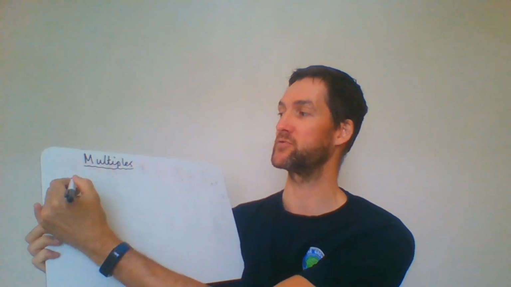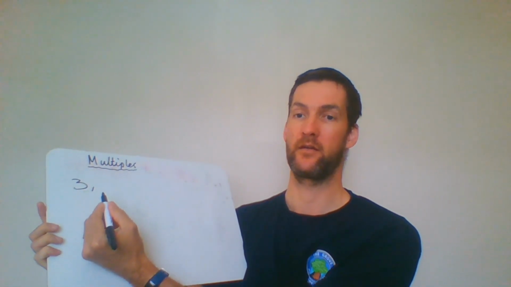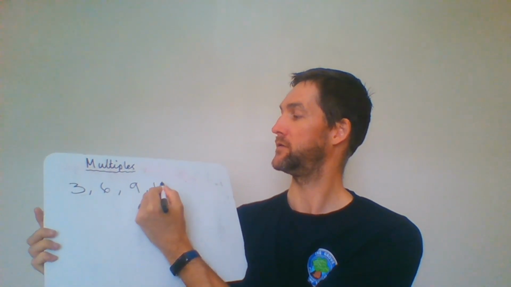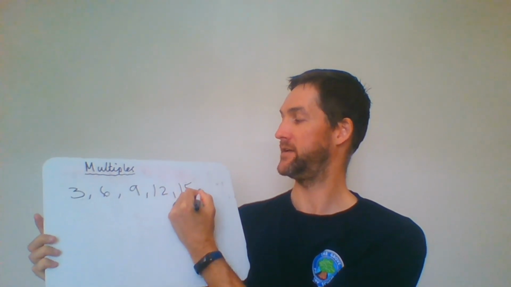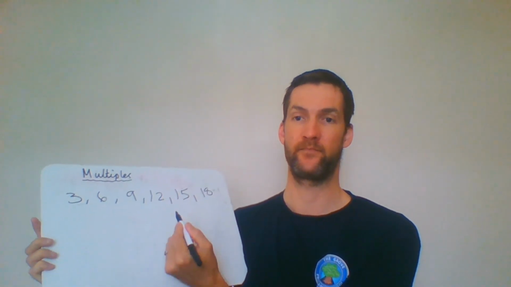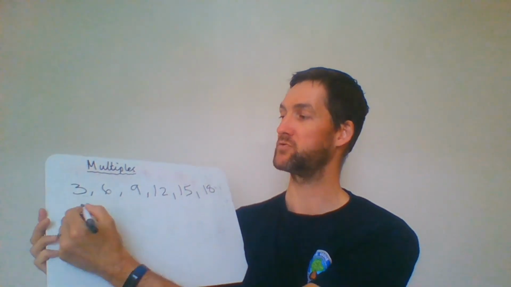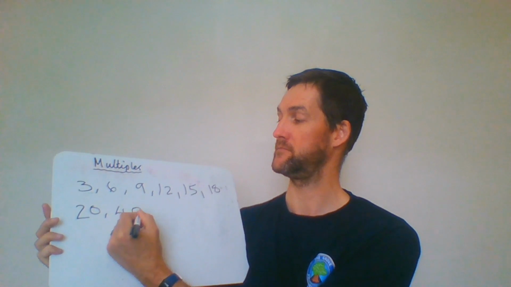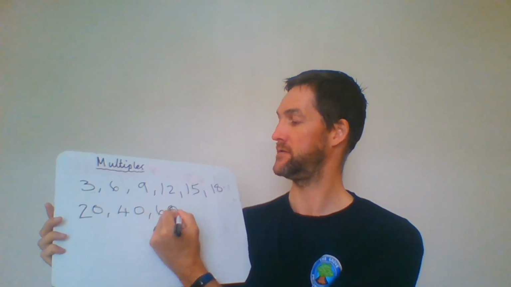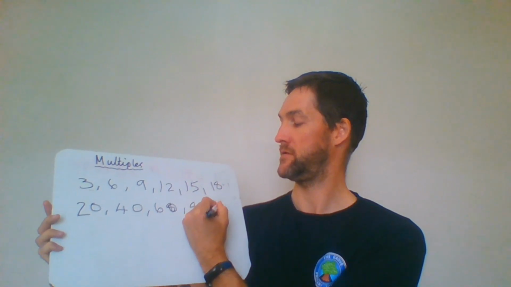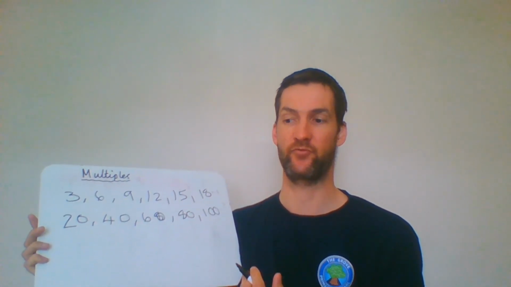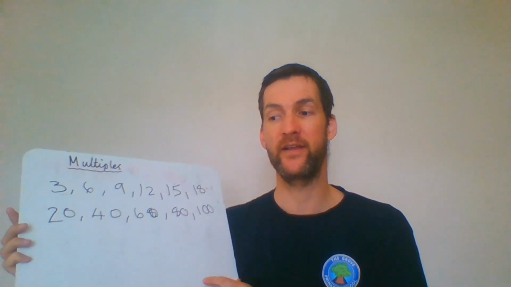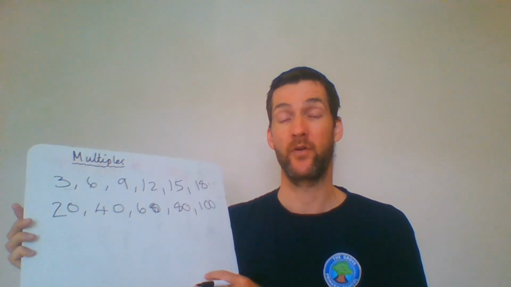So if we look at the multiples of 3, they are 6, 9, 12, 15, 18, etc. Multiples of 20 would be 40, 60, 80, 100, etc.